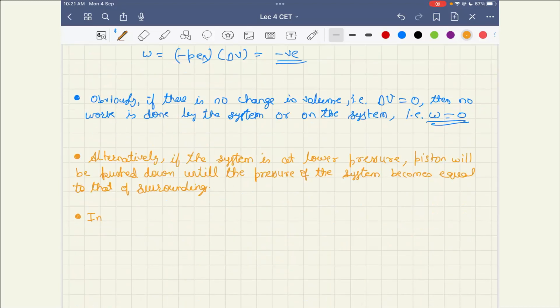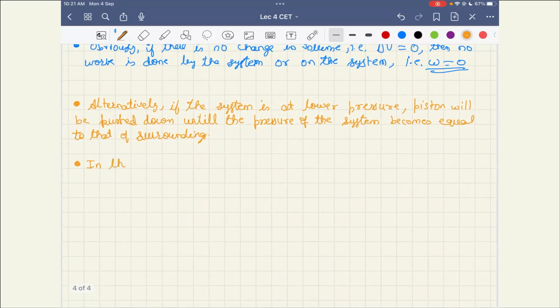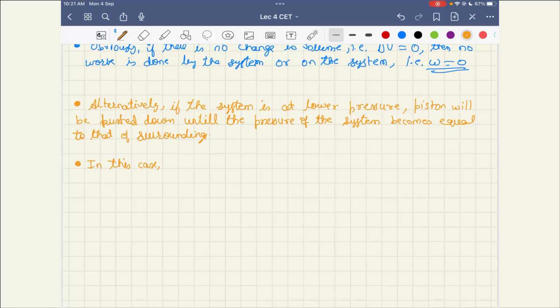In this case, work is done on the system by the surroundings. Right?